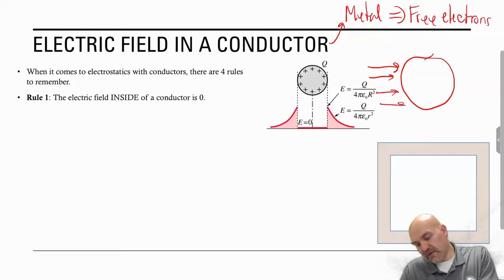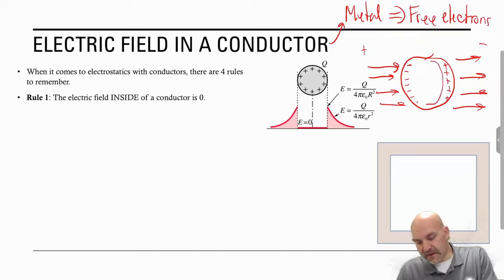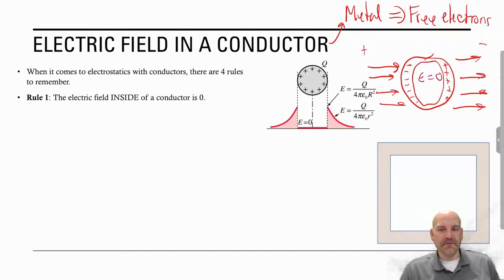If I place this metal in an electric field, this would be the positive side, this would be the negative side. The charges will align in such a way that the negatives will align towards the positive side and the positives will align towards the negative side, thus creating a big hole where the E field is going to be equal to 0. That's the first rule.